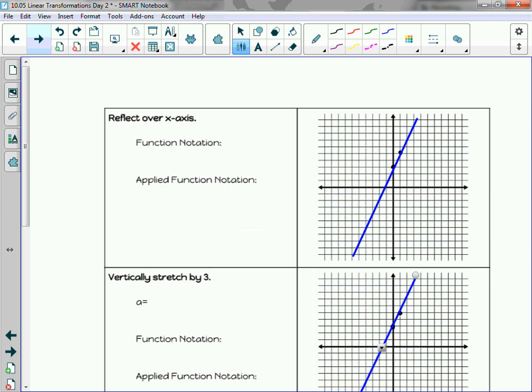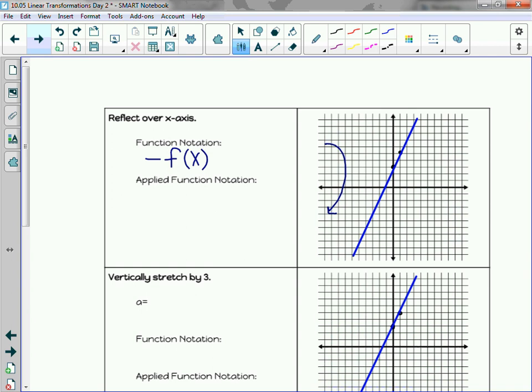So negative f of x: negative outside of the parentheses, flipping over the x-axis.